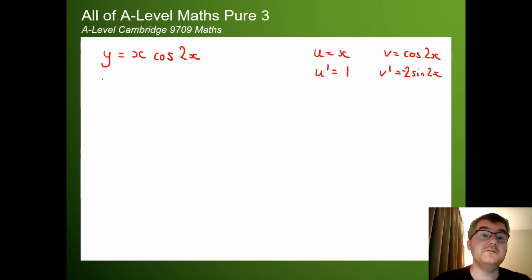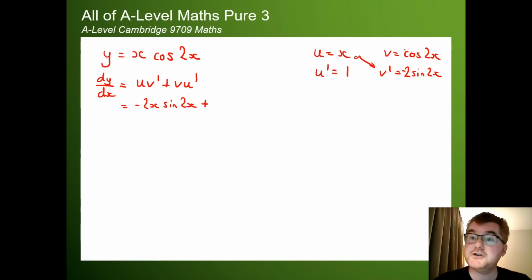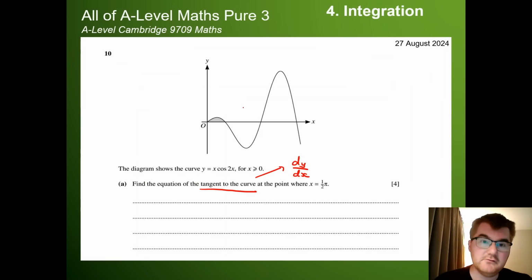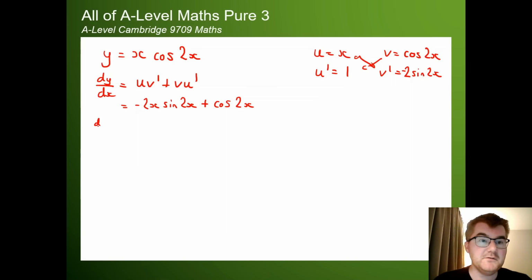Now we're going to go and work out dy by dx. Again, important to know your rules here. So we have uv dash plus vu dash, which means uv dash, these two multiplied, gives us minus 2x sine 2x, plus vu dash, these two multiplied, which is just cos 2x. And we want to work out the derivative here, so the gradient, at x equal to pi over 2.